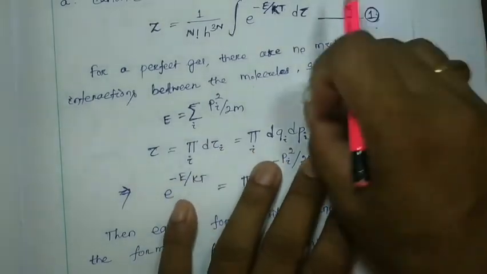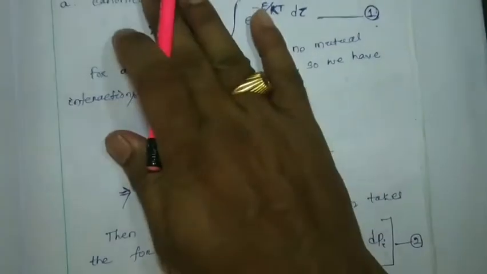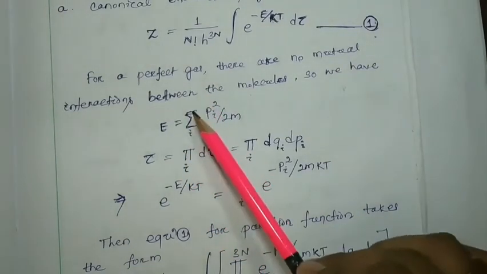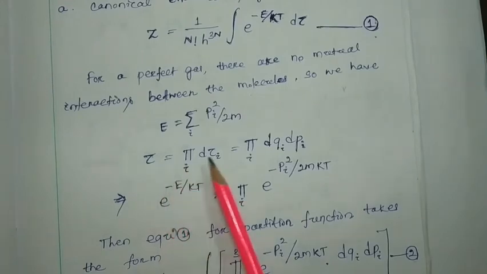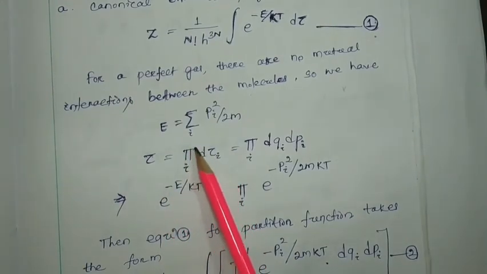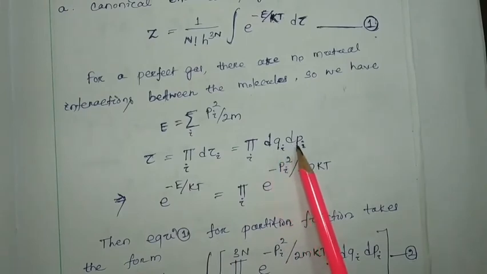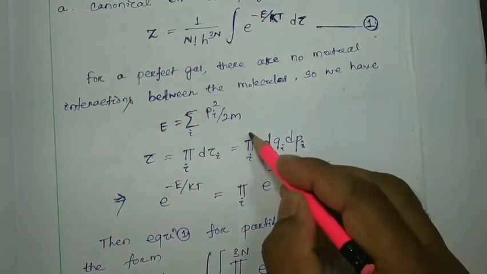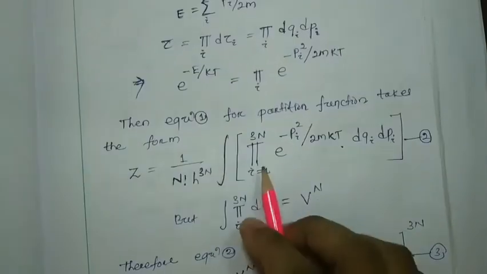Each and every molecule's kinetic energy is going to be added, and the total energy will be the sum of the kinetic energies, that is summation of pi square by 2m over i equal to 1 to 3n. And d tau is nothing but the product of dqi dpi, that means dq1 dp1, dq2 dp2, up to 3n.